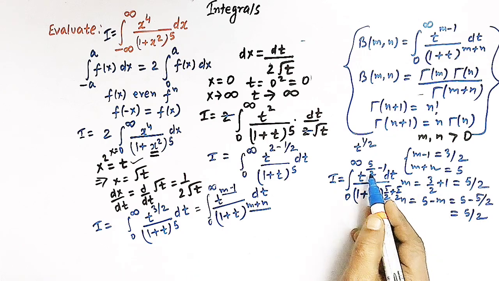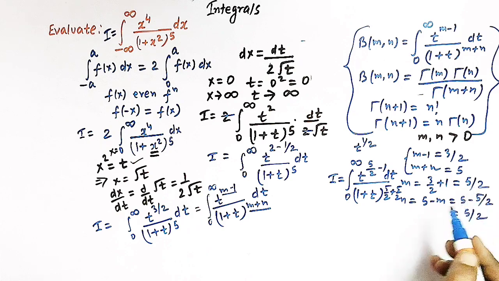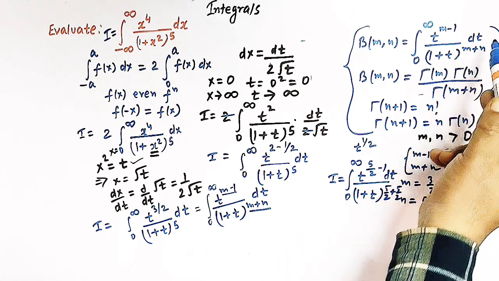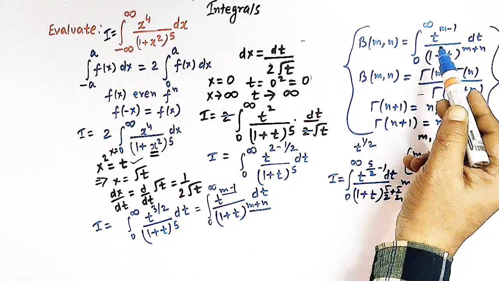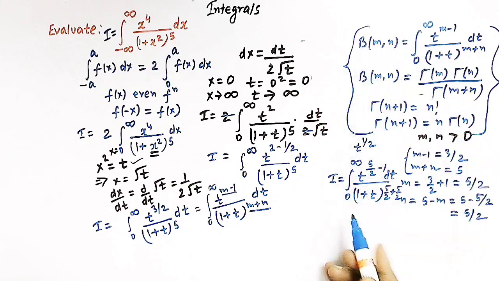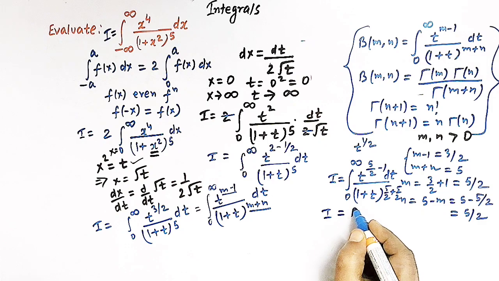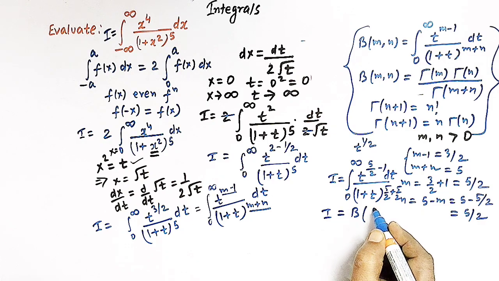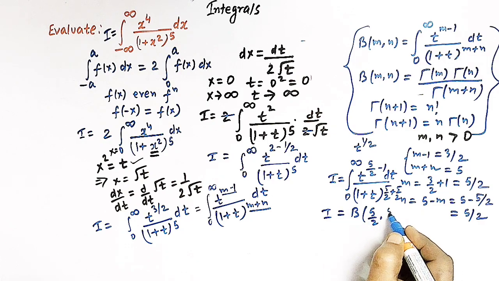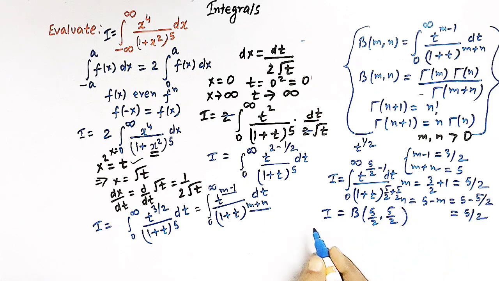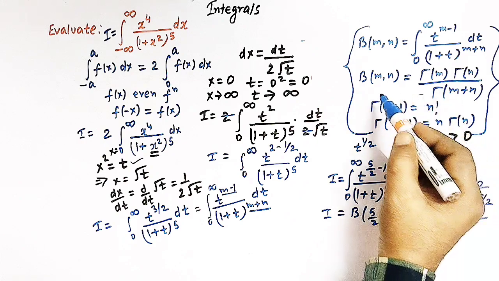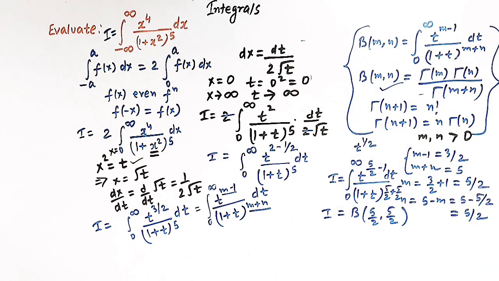So now the value of m is 5 by 2 and n is equal to 5 by 2. And by the definition of the beta function, this integral I is equal to beta 5 by 2 comma 5 by 2. So let us find the value of this beta function by using this result.